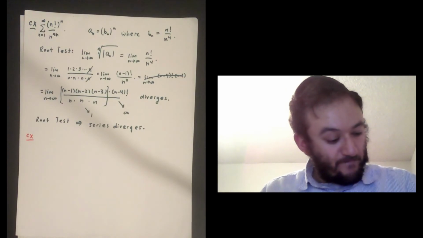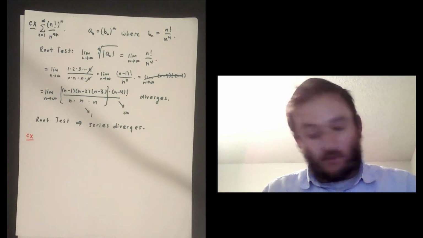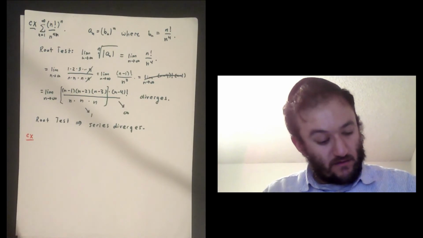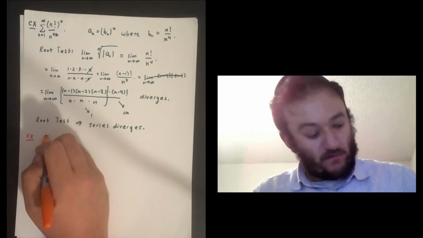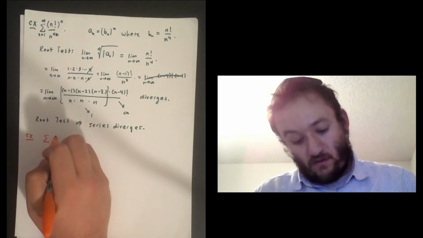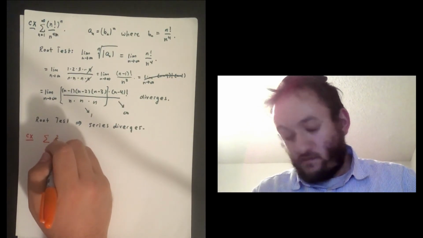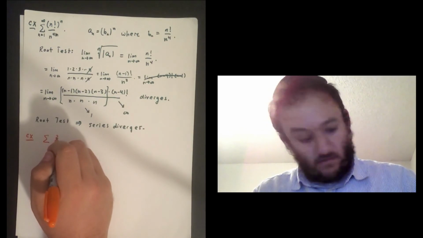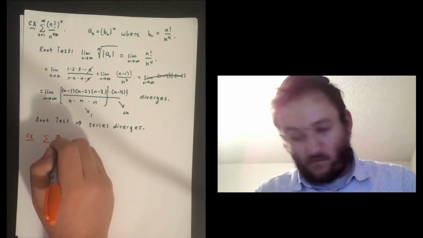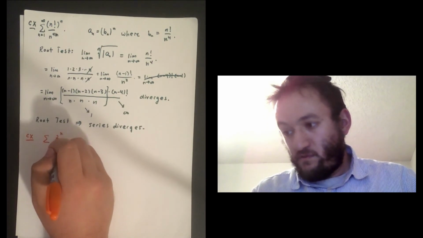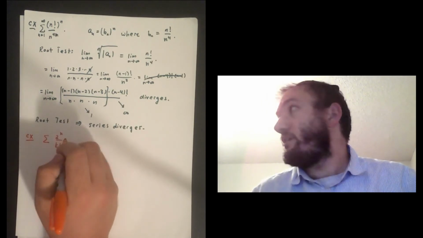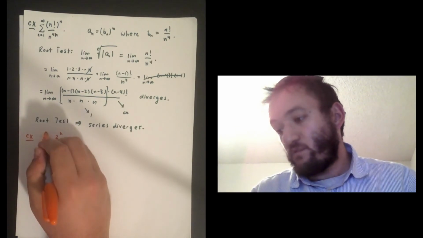Okay, let's look at the sum of 2 to the k over k factorial, where k equals 1 to infinity.